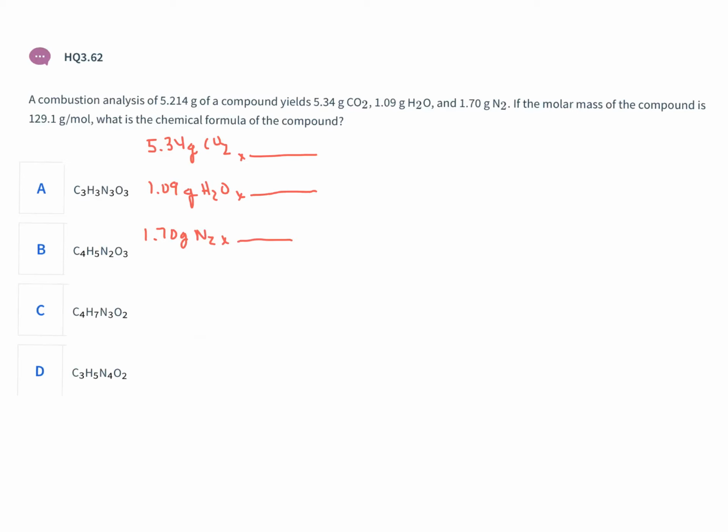So I know for every 1 mole of CO2, if I go to the periodic table and look up carbon and 2 oxygens, I would need 44 grams. For 1 mole of water, I would need to have 18 grams of water, and then for 1 mole of N2, I would need to have 28 grams of nitrogen. So grams cancel out, and I'm left with all 3 of these now in moles.